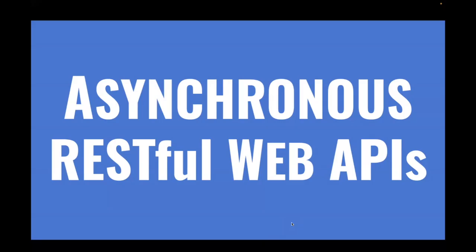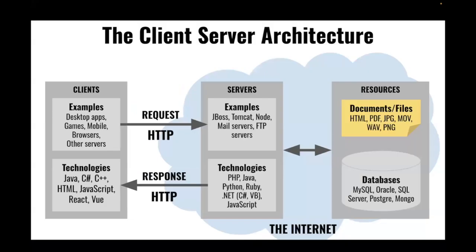Okay, all right. So let's talk about asynchronous communication with the server. So that the client and the server, instead of using synchronous communication, are actually going to be using asynchronous communication. This is the architecture that we are implementing. Every web application consists of really two applications.